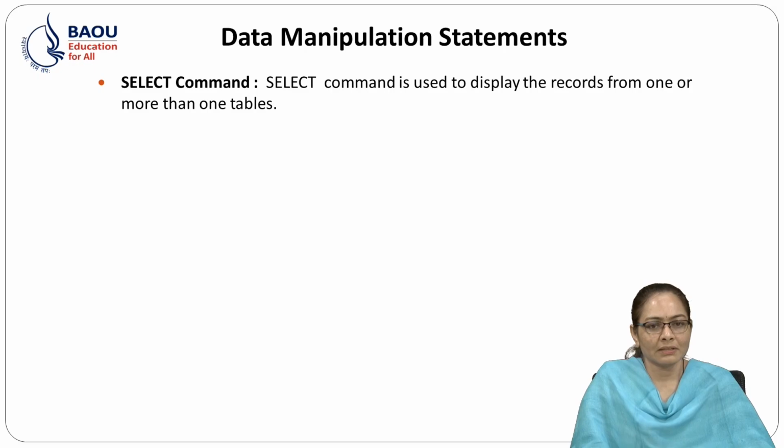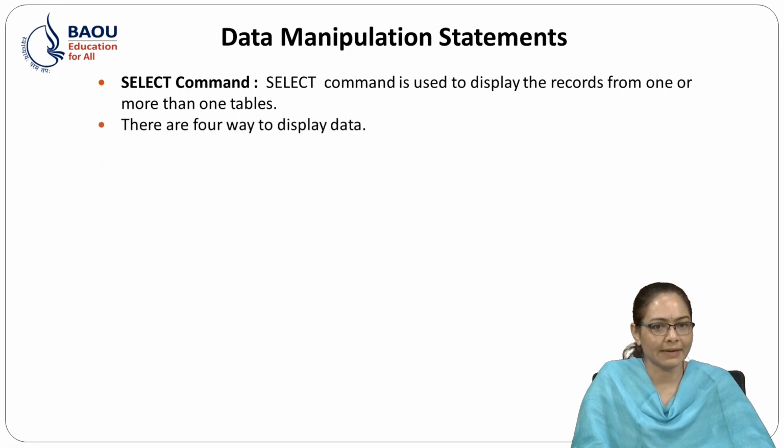Now the next one is the select command. The select command is used to display the records from one or more than one table. There are 4 ways to display the data. First is all the columns and all the rows.